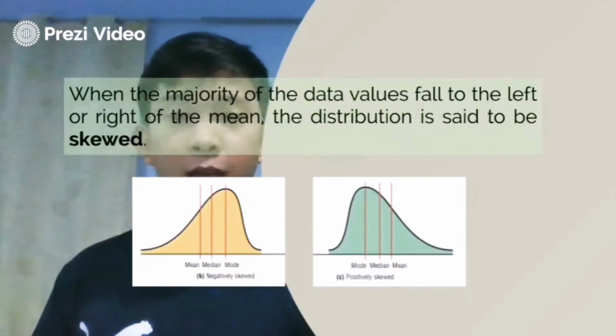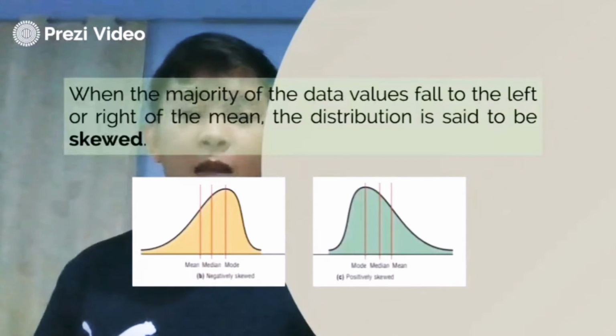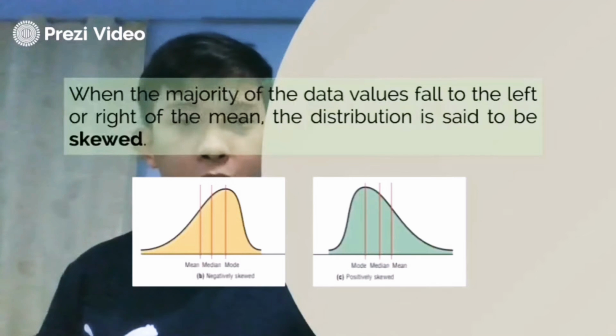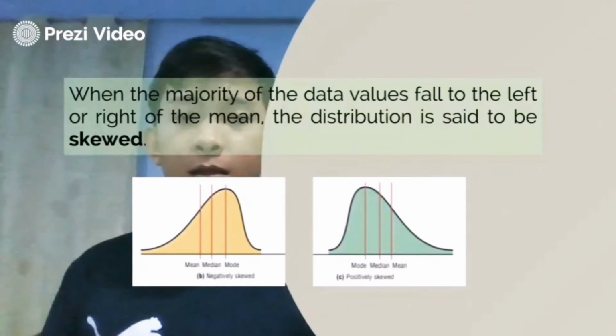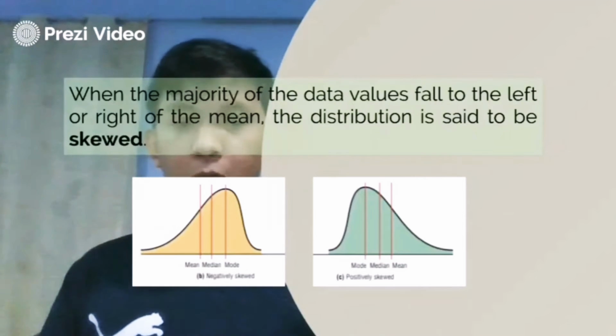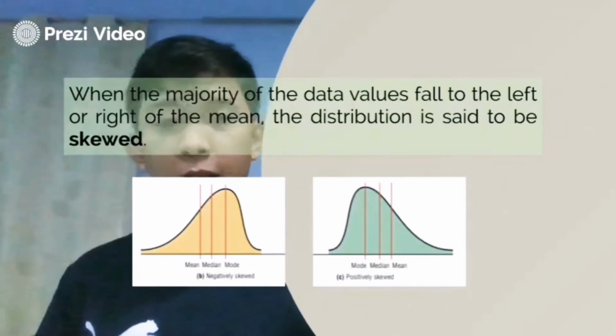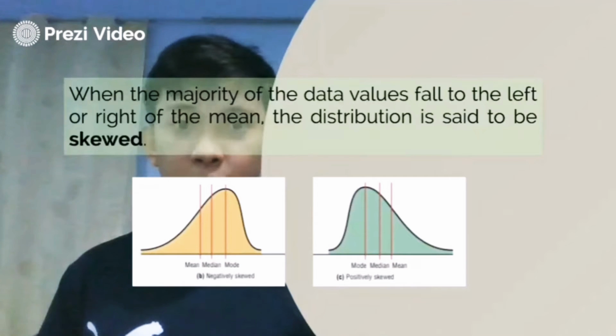However, when the majority of the data values fall to the left or right of the mean, the distribution is said to be skewed. Skewness is a way to describe the symmetry of a distribution. There is an imbalance in the number of data values that fall at the right side or at the left side of the distribution.